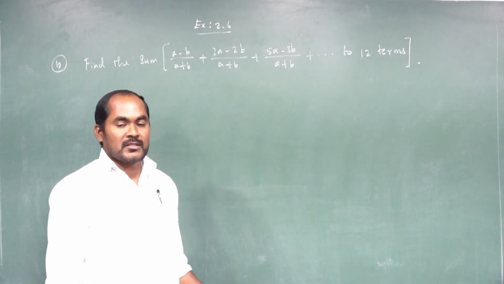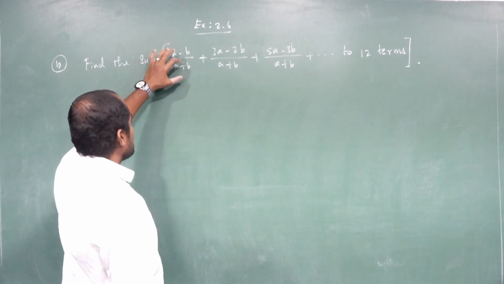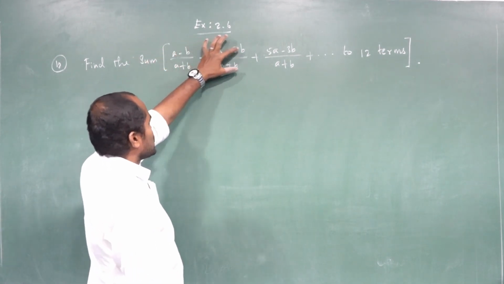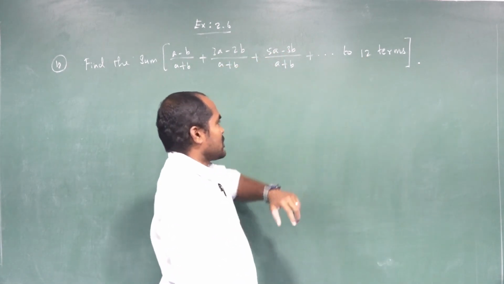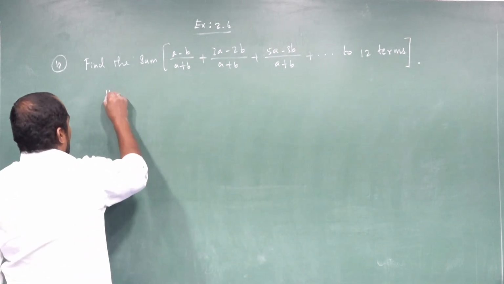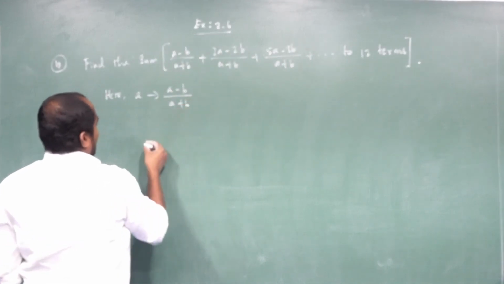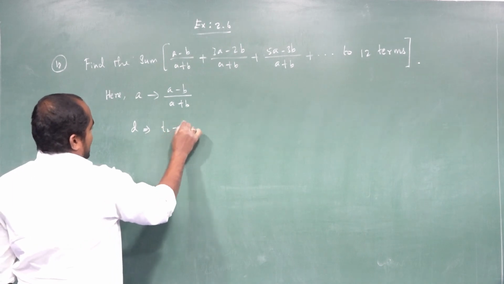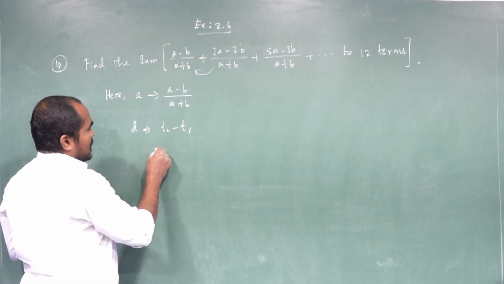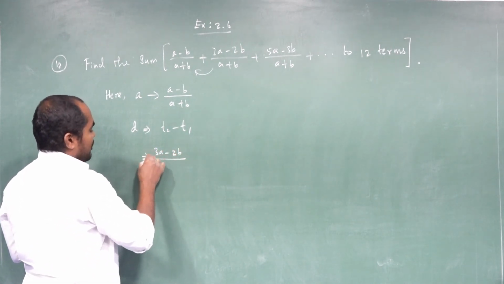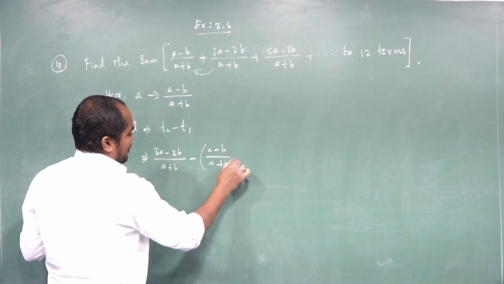Next, exercise 2.6, 12th question. Find the sum of a minus b by a plus b, plus 3a minus 2b by a plus b, plus 5a minus 3b by a plus b, etc. up to 12 terms. So here the first term is a minus b by a plus b, and the common difference is t2 minus t1: 3a minus 2b by a plus b minus a minus b by a plus b.